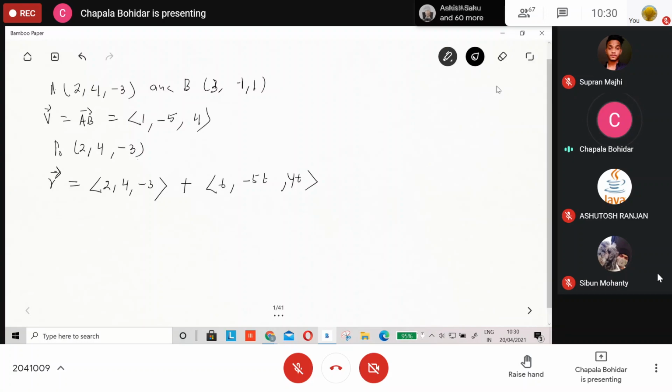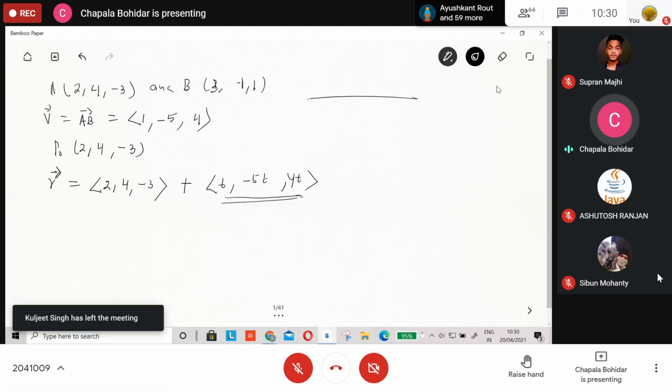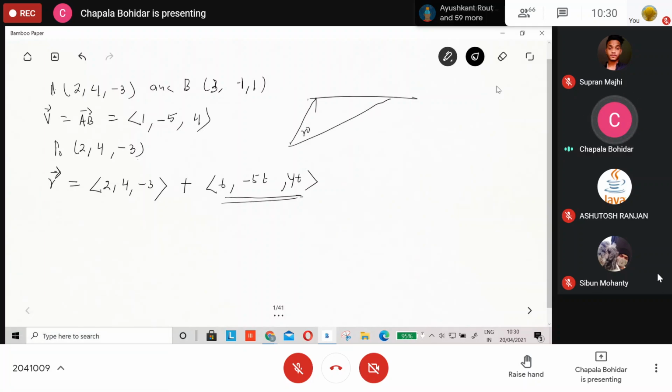If we take the point A, we get the position vector R0. At point A, the position vector is R0. At point B, we can say the position vector is R1. Then the direction is R1 minus R0. Clear?